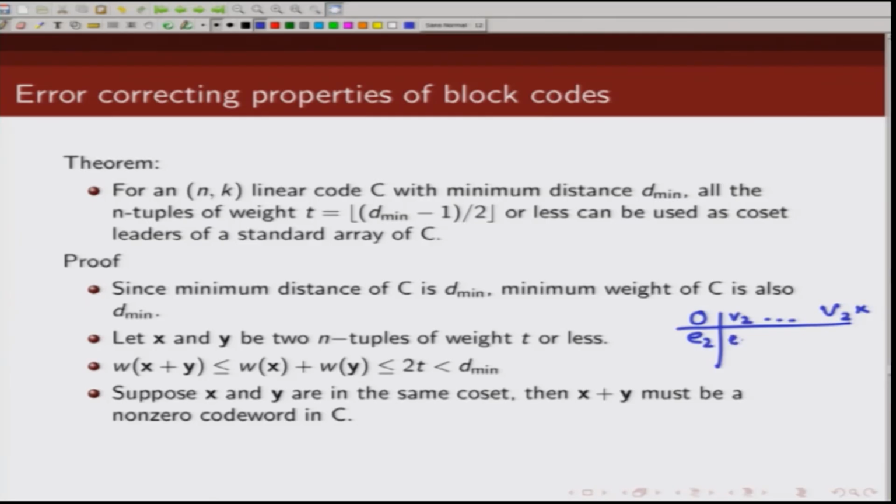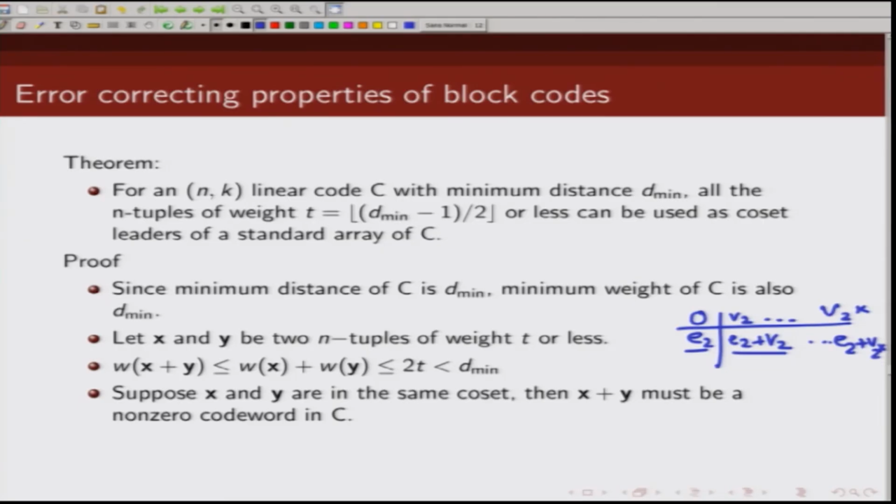So, this was E2 plus V2, like this was E2 plus V2k. Now, if you look at any two elements in the same coset or same row, and if you add them up, what do you get? Let us add this and this. What do we get? E2 plus E2 plus V2, we will get V2. If we add this and this, we will get V2 plus V2k, which is another code word Vs.